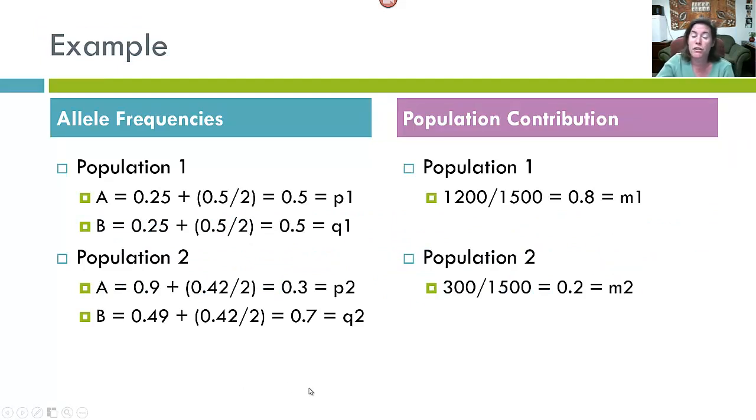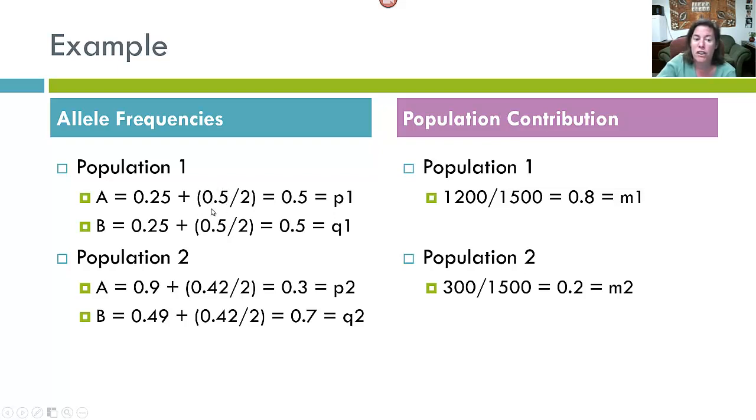So the first thing we need to do is calculate our allele frequencies. In population 1, the frequency of the dominant allele A equals 0.25 plus 1/2 divided by 2. This is 0.25, the frequency of the homozygous dominant, plus 1/2 of the frequency of the heterozygous genotype.